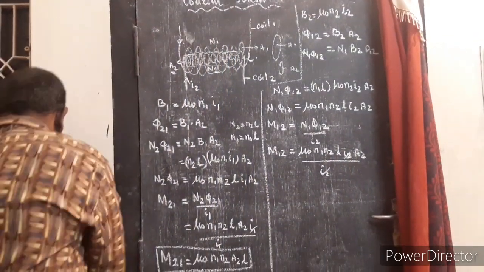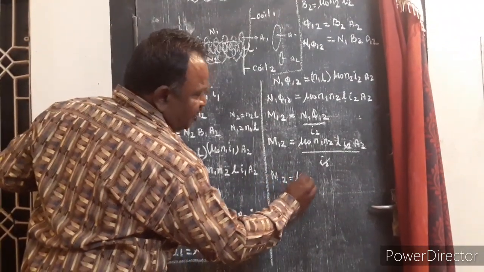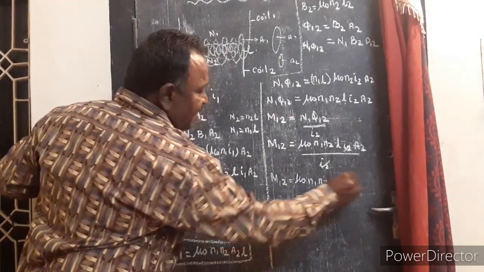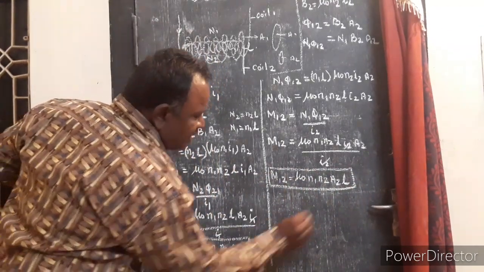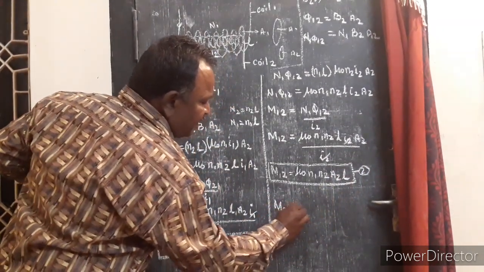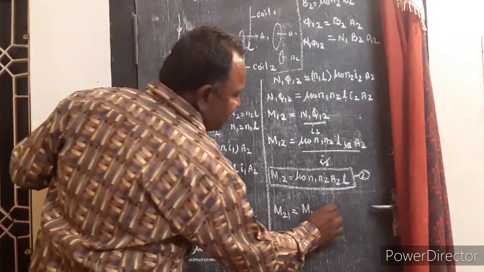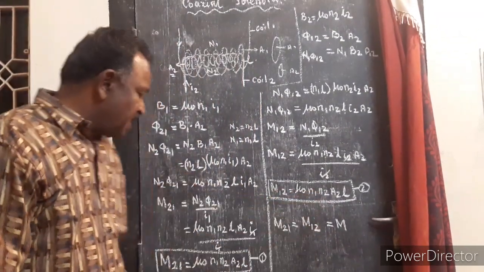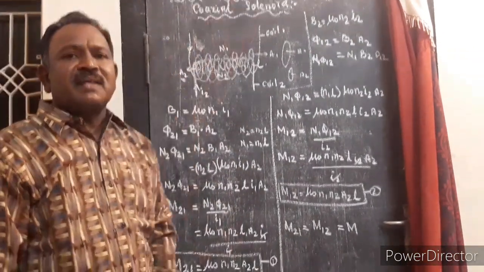So you will have M12 equal to mu naught n1 n2 A2 L. When you see equation 1 and equation 2, we can see that M21 is equal to M12. So I can generally write it as M. This expression gives the mutual inductance of the given pair of coaxial solenoids.